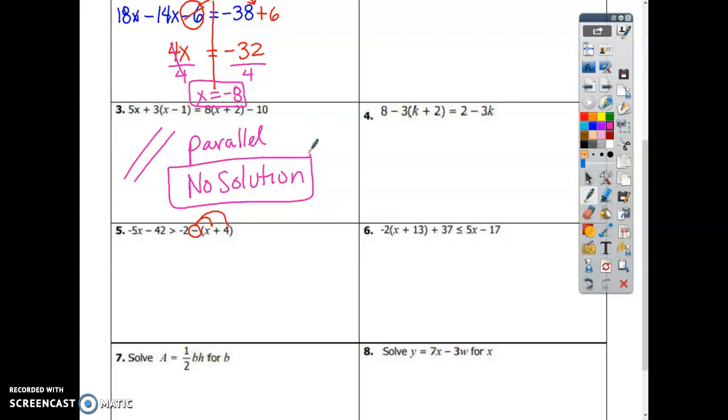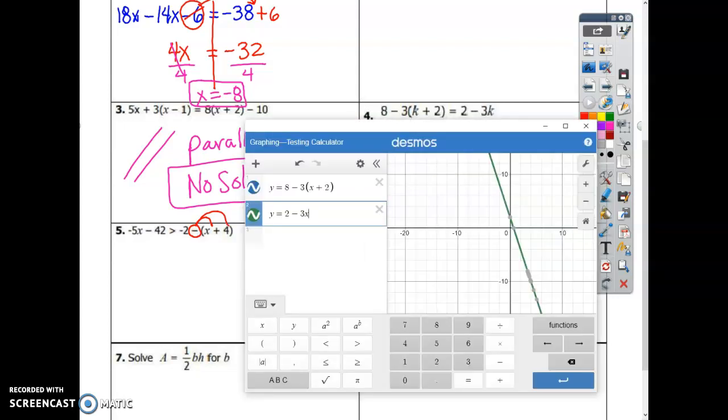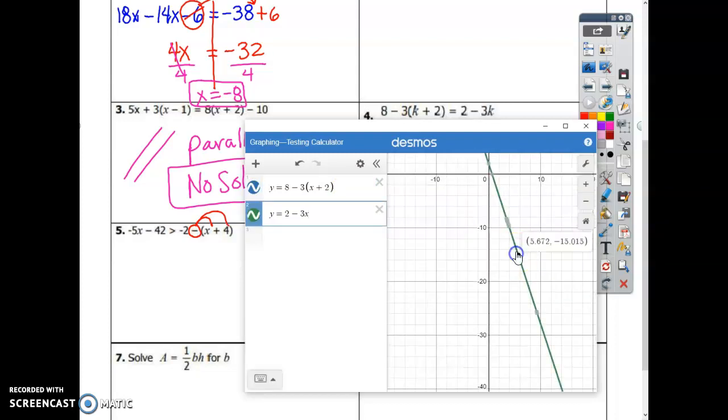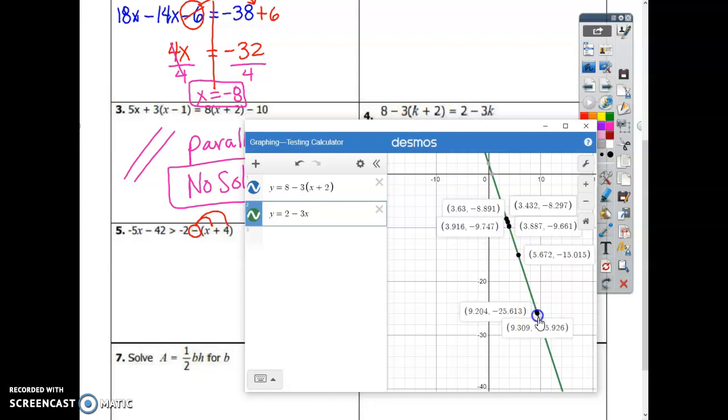Problem number 4, put that one in Desmos. What happens when they're the same line? When you put it in y equals, this is my blue line. This is my green line. Blue, green. They're the same line. So how many points? Look at how many points it touches. All those points are touching the same line.